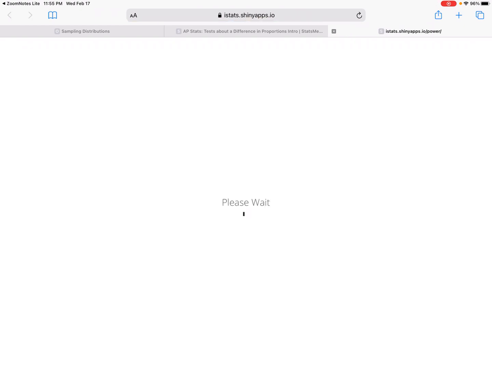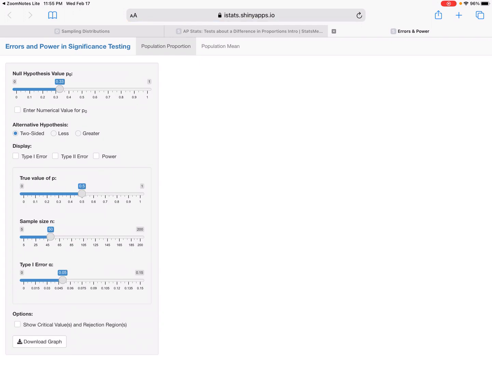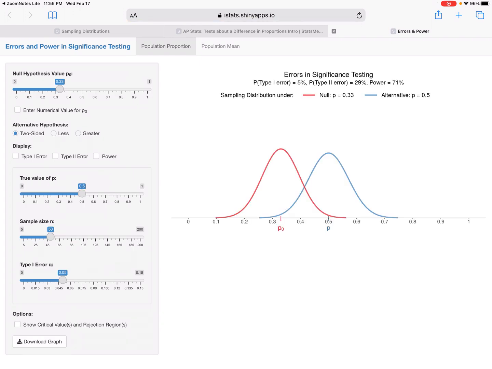All right, you can go to this too if you'd like and see what's going on. Think about our null hypothesis. It was over here at 80%. And if you remember, the alternative hypothesis was not two-sided. We did less than.